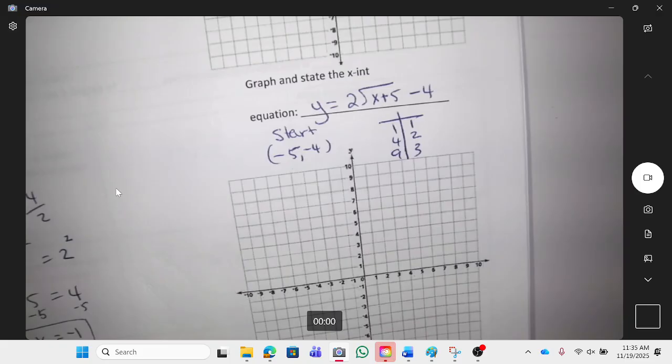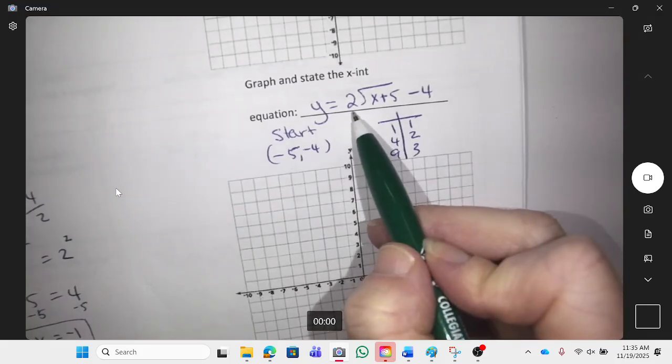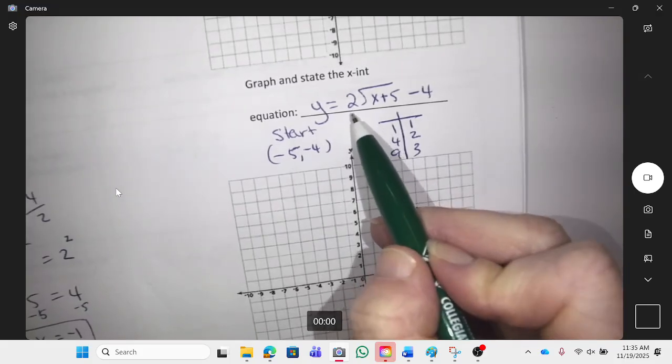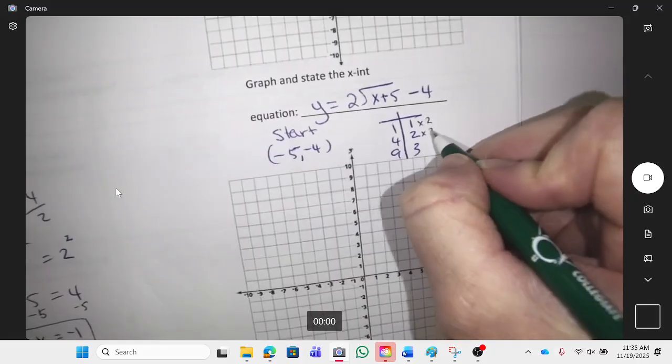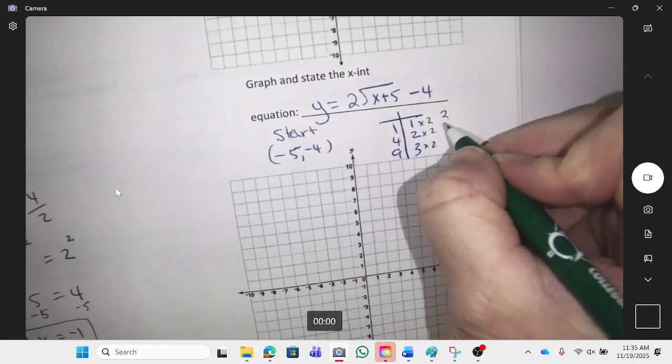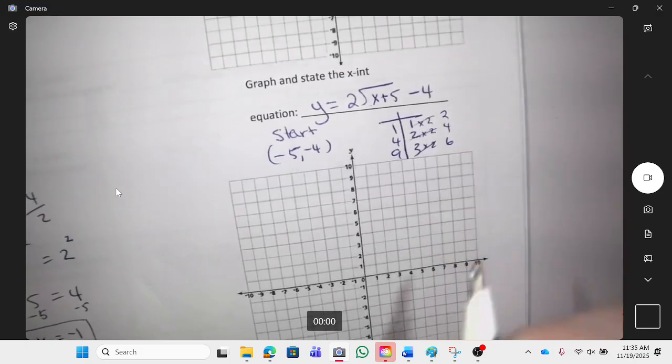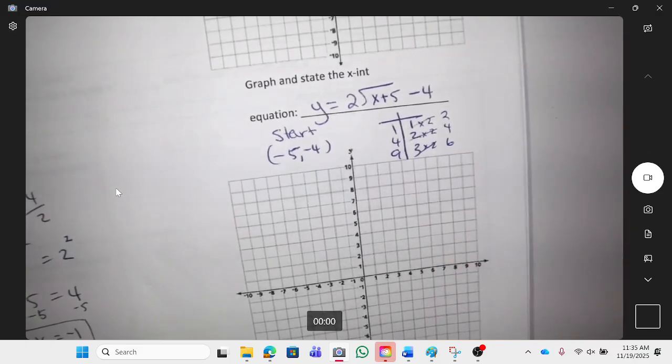How does my pattern change? And it changes by an A or B? A. So my pattern changes like that.